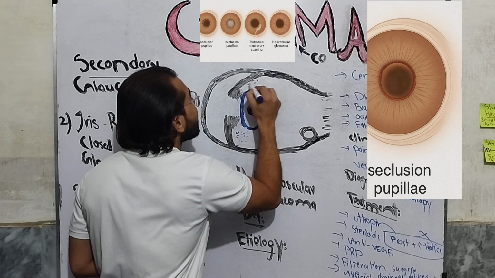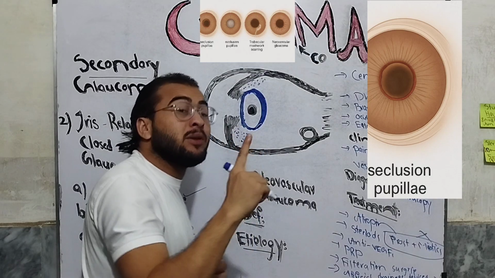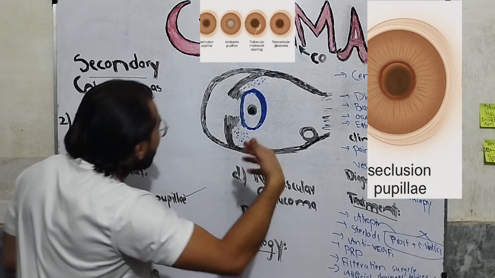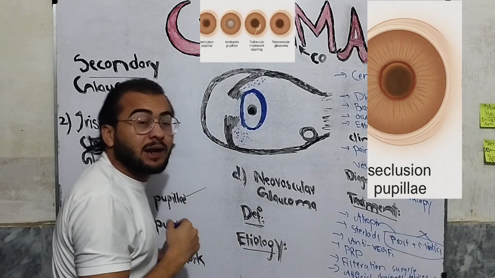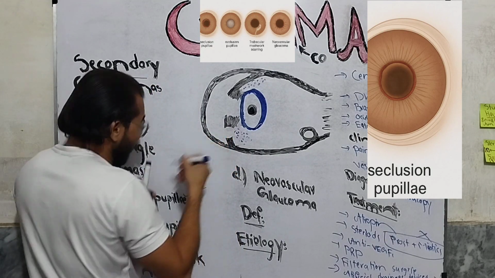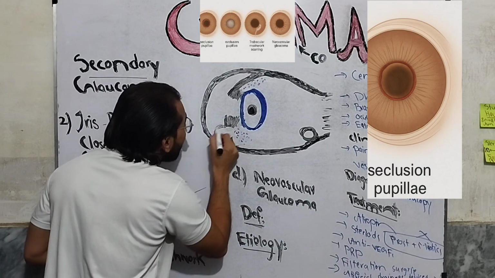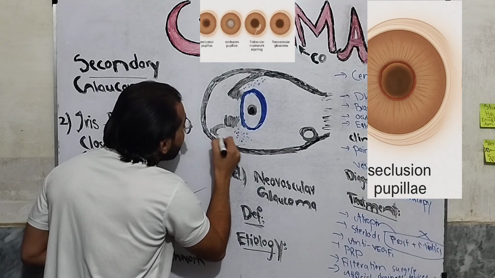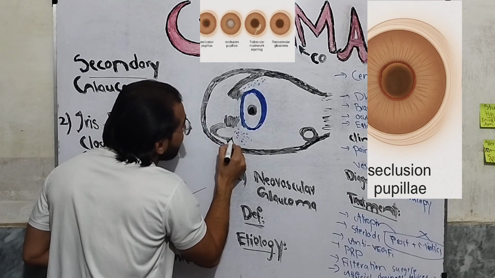As you know from primary angle closure glaucoma, it will push the iris toward the anterior chamber angle and cause iris bombé, and ultimately the iris bombé will cause closure of the anterior chamber angle and elevate the IOP.